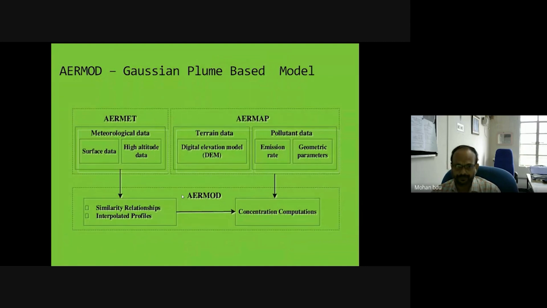So here AERMOD is the most widely used model for point source dispersion.